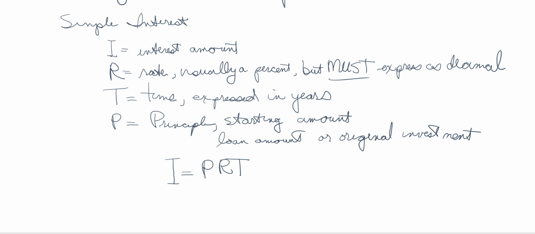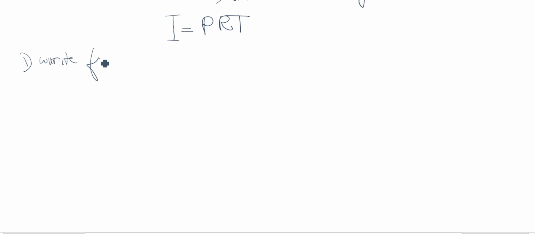When you solve an interest problem, I ask that you first write the formula that you're using. And second, I ask you to identify your variables. Third, I ask that you show your substitution.